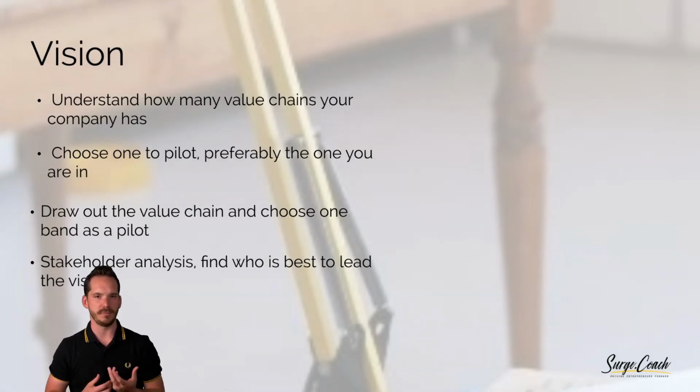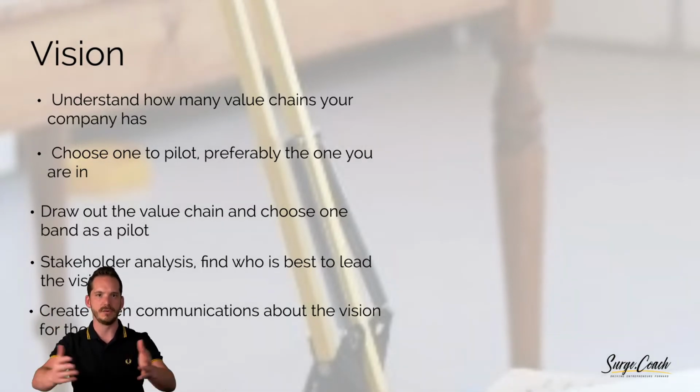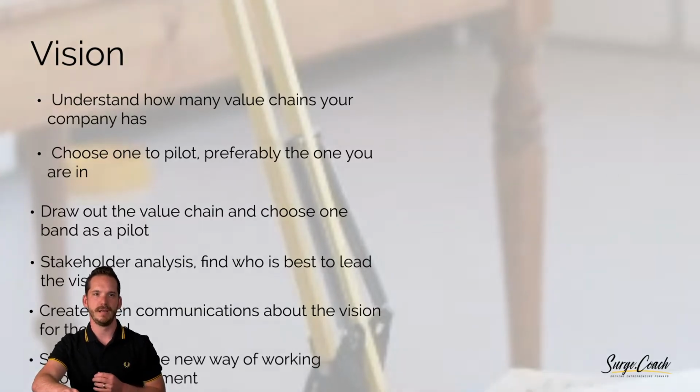The technical lead could be the person as well. There's always somebody that's Mr. or Mrs. Popular. Create open communications about the vision for the band. Put it up on the wall. Send out communications. Don't make it internal. Send it all out. And that will be the steps for vision.